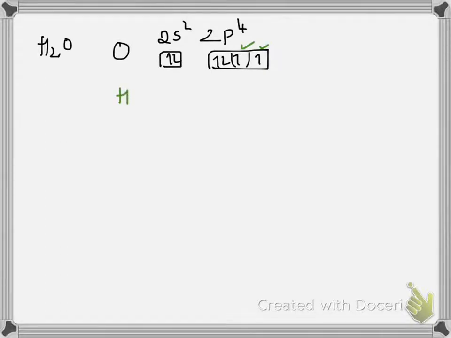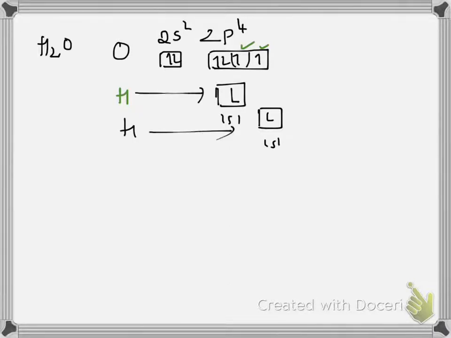When hydrogen comes, first hydrogen 1s1 and second hydrogen 1s1. Here overlap takes place between this half-filled p and first hydrogen, then second p and second hydrogen. So oxygen can form 2 sigma bonds with hydrogen.